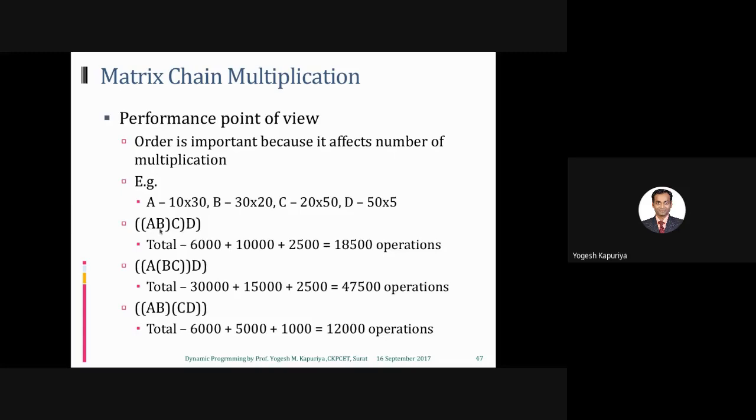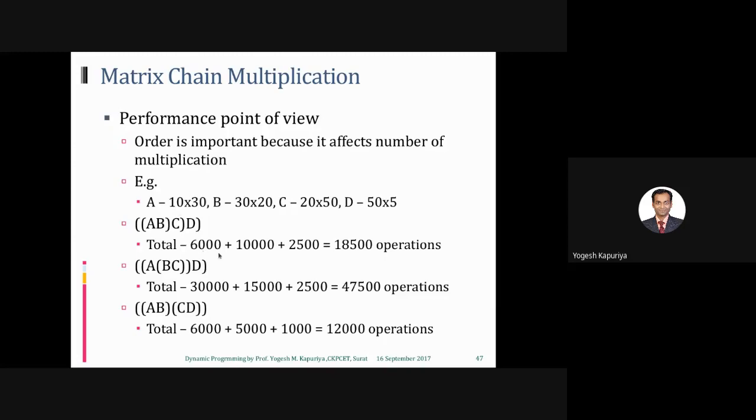You are first multiplying AB. A is 10 cross 30, B is 30 cross 20. So the total number of multiplications, or the time required, will be 10 into 30 into 20. So this is the time required for performing AB.